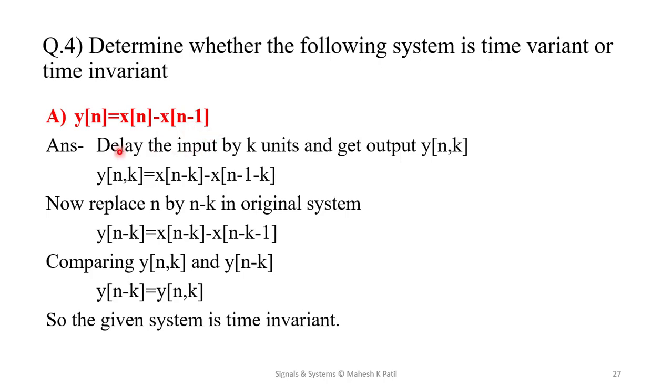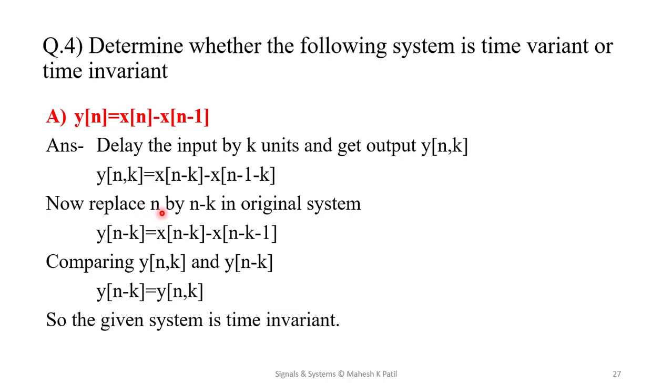While solving this, delay the input by k units and get the output y(n, k). After delaying, we get y(n, k) as x of, so instead of n you write n minus k, meaning we are delaying the input by k. So x(n minus k) minus x(n minus k minus 1).